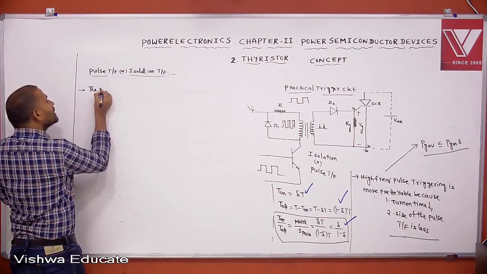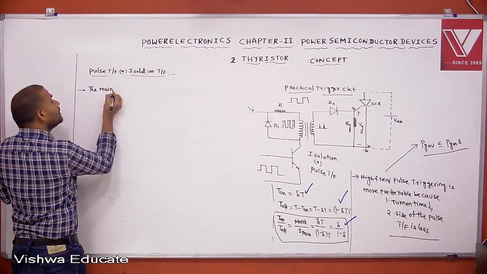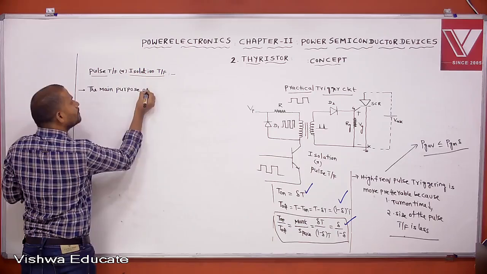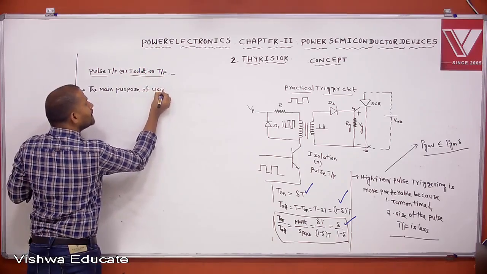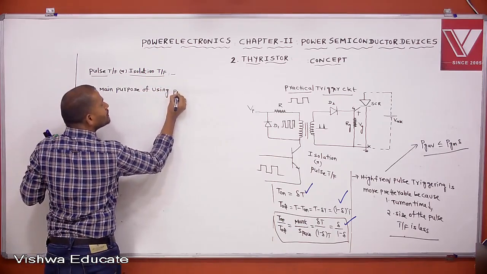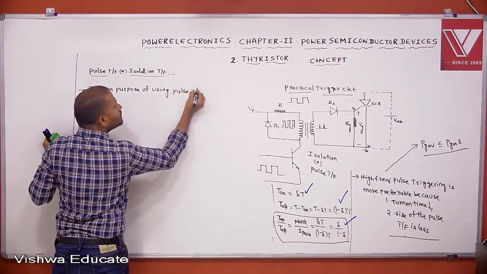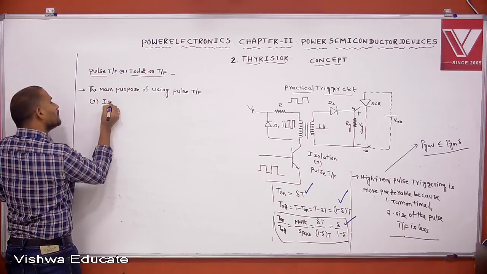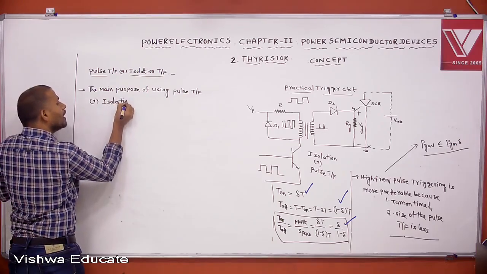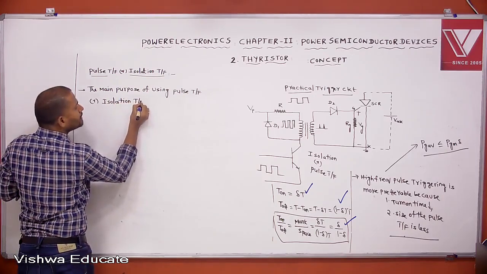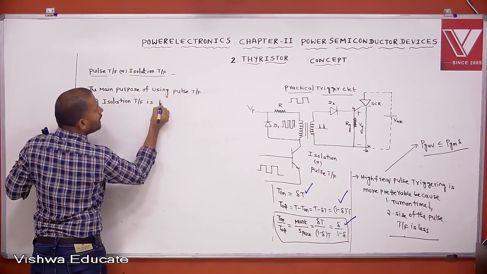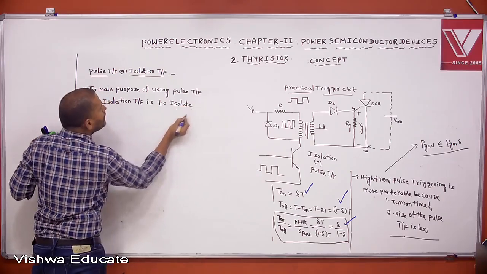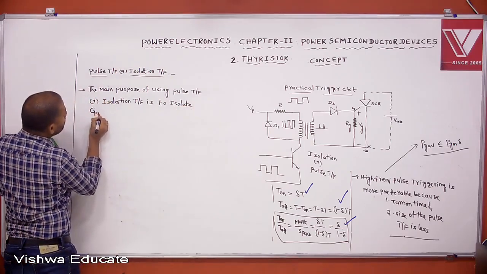The main purpose of using a pulse transformer or isolation transformer is to isolate the gate terminal and power circuit.